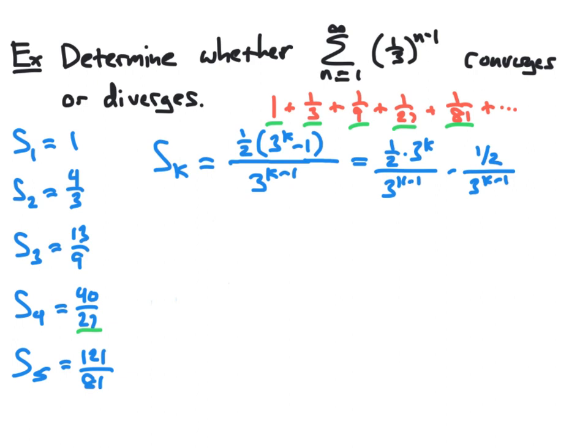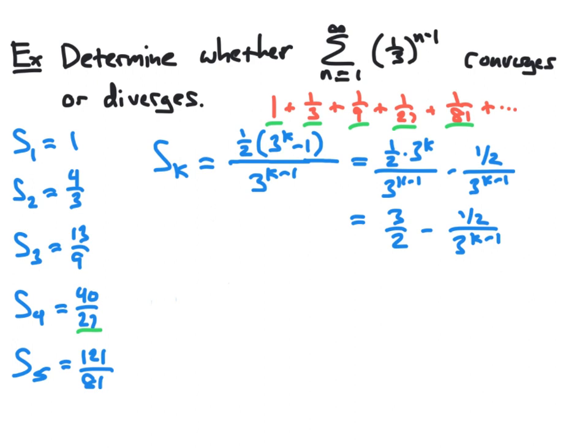And when we simplify this, in our first term, we have our factor of 1/2, and then the rest of the powers of 3 simplify simply to the number 3. And so we have 1/2 times 3, or 3/2. And in our second term, we have 1/2 all over 3 to the k minus 1. Right, so here is a nice formula for our kth partial sum.